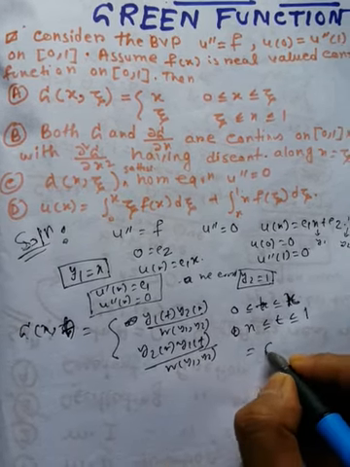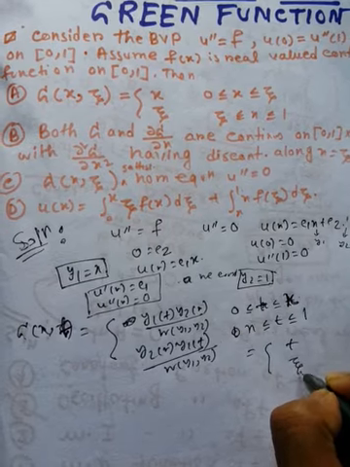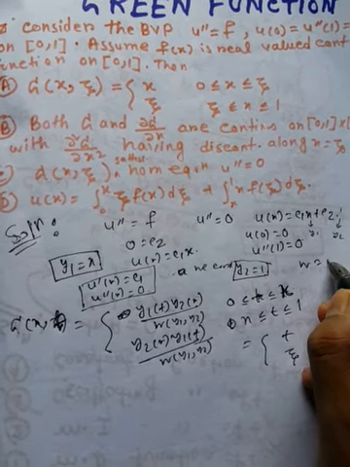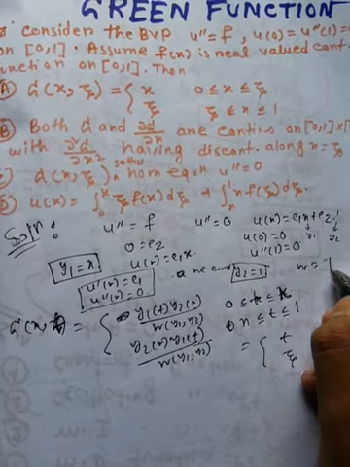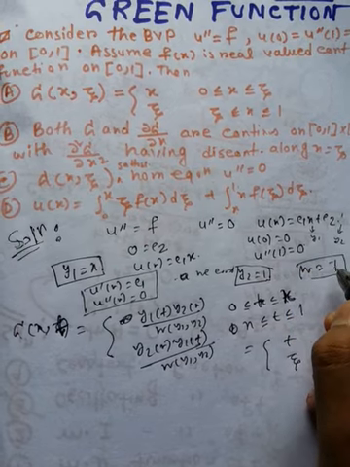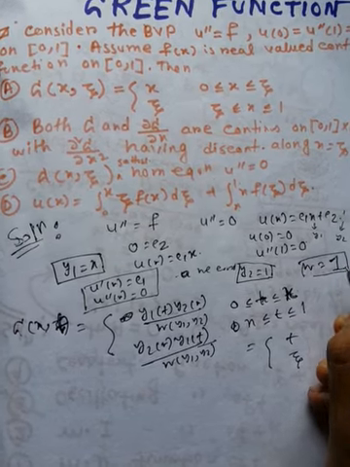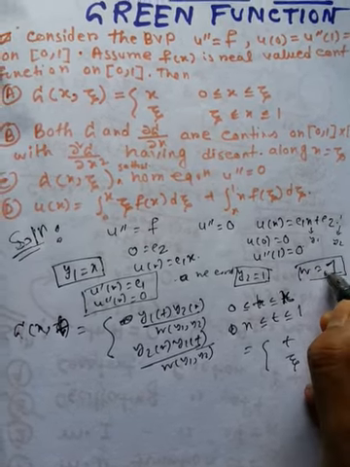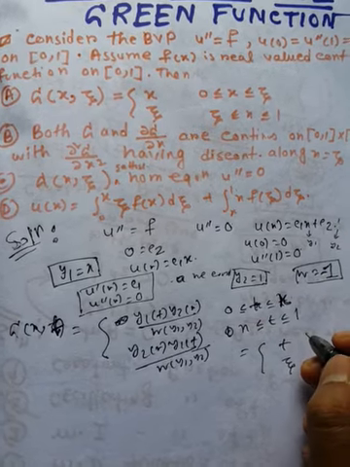So we get t and xi. The Wronskian is... sorry, the Wronskian is minus 1 here.